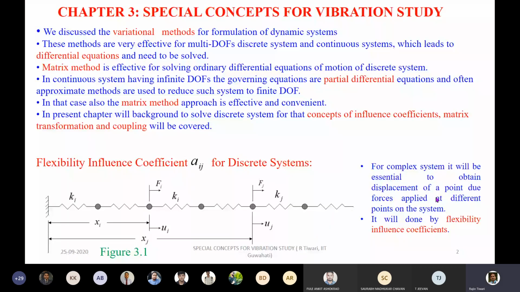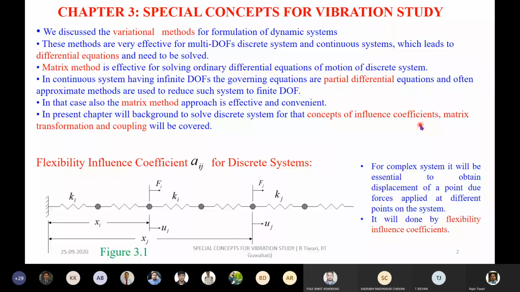So mainly we will focus on the matrix method in this particular chapter. We will especially see some basic understanding about the concept of influence coefficient. We will define influence coefficient in a more general way, along with the matrix transformation, which will help us in transforming the equation of motion in one set of generalized coordinates to another set of generalized coordinates, and the coupling.